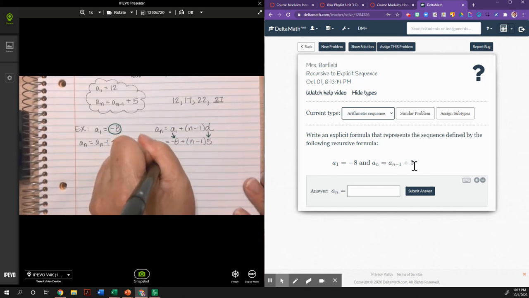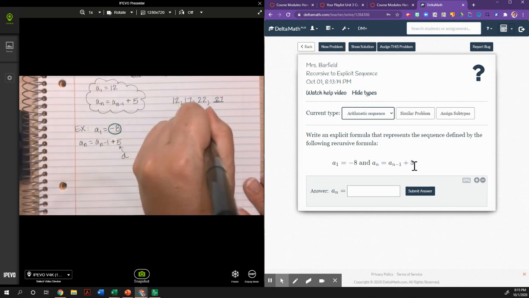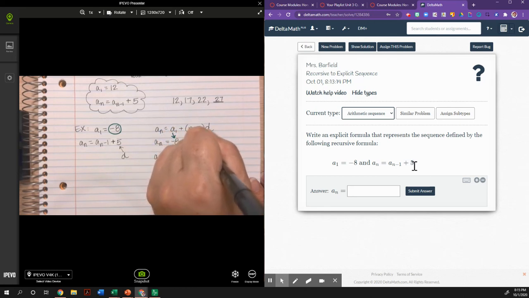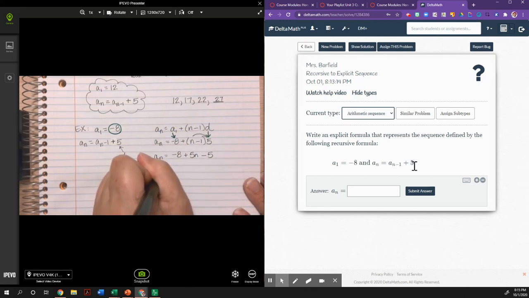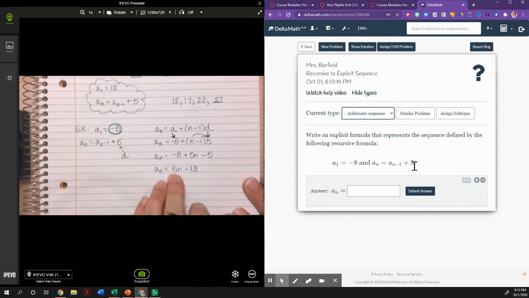If I want to clean that up a little bit, I get negative 8 plus, this is the distributive property, 5n minus 5. So a sub n equals 5n, and negative 8 minus 5 is negative 13. So 5n minus 13.